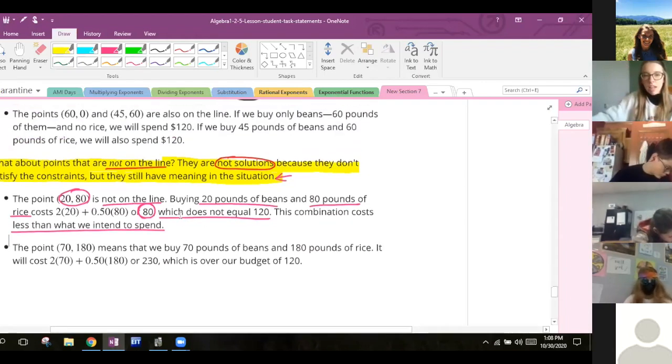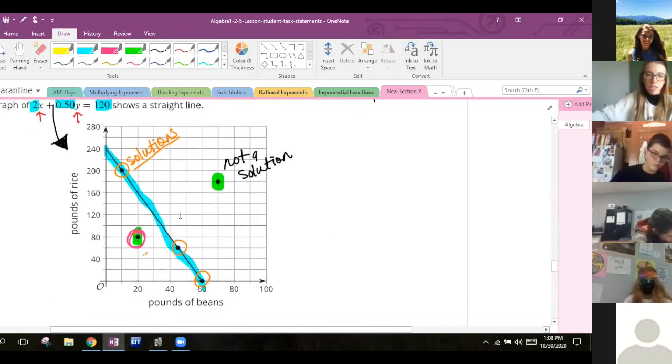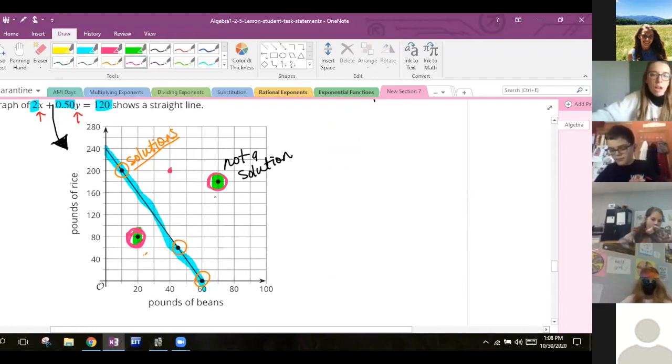Okay, so if this value right here represents a cost that is less than 120, what do you think this one will represent? A cost that's higher than 120. Any value that I could graph above this line is going to add up to be more than 120.